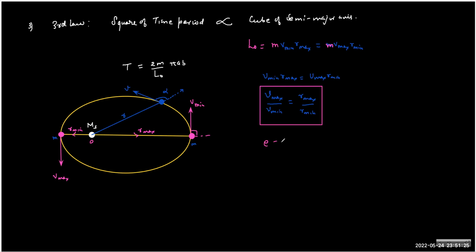Because the eccentricity we can write as R max minus R min upon R max plus R min. The eccentricity you can also write in terms of velocity, so we were not aware of the distance of apogee and perigee.